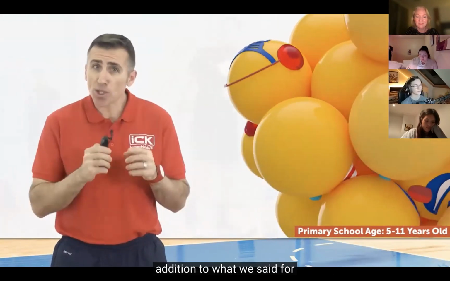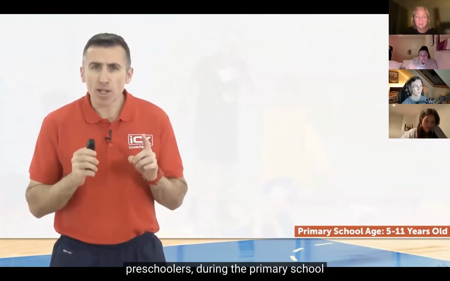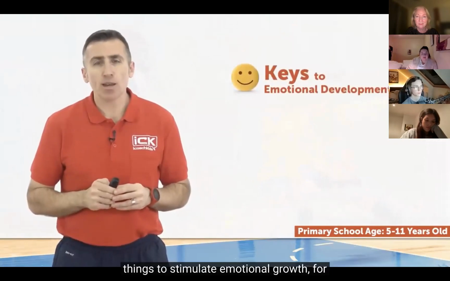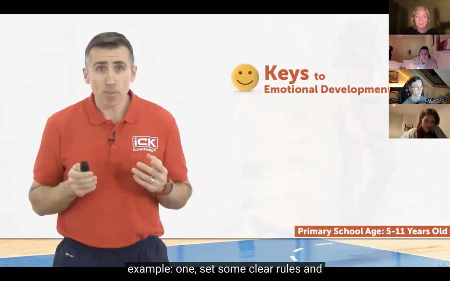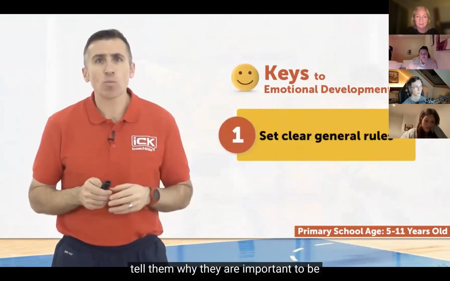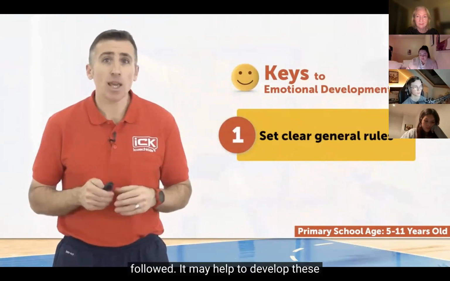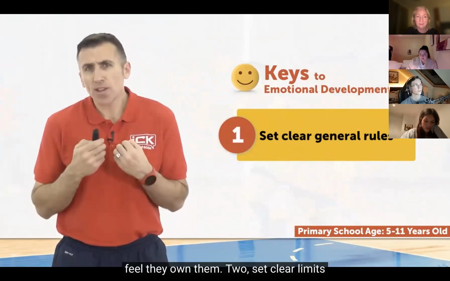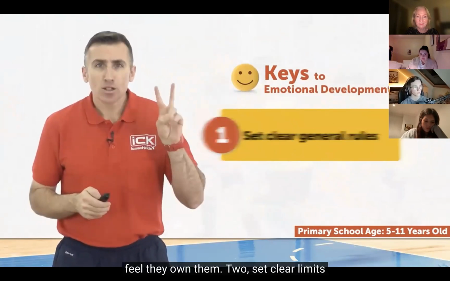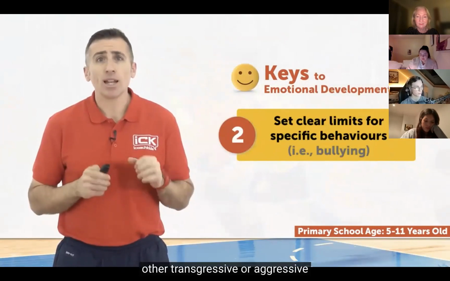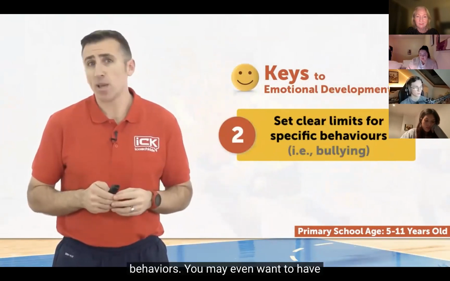In addition to what we said for preschoolers, during the primary school years, a coach can do a number of things to stimulate emotional growth. For example, 1, set some clear rules and tell them why they are important to be followed. It may help to develop these rules together with the children so they feel they own them. 2, set clear limits in relation to things like bullying and other transgressive or aggressive behaviors.